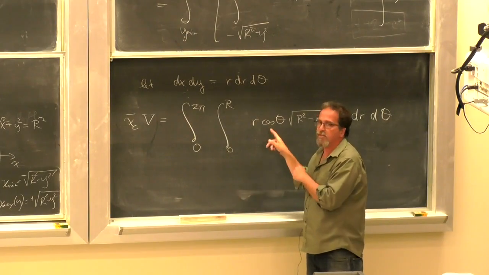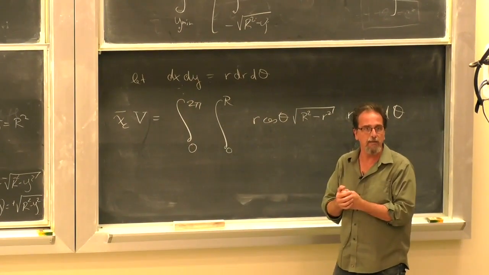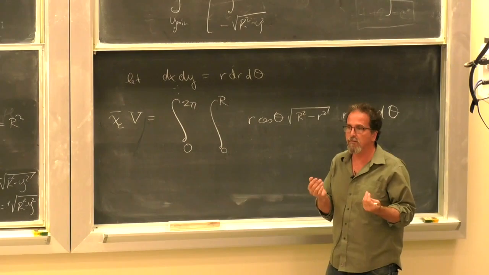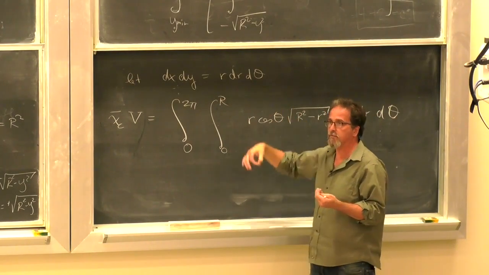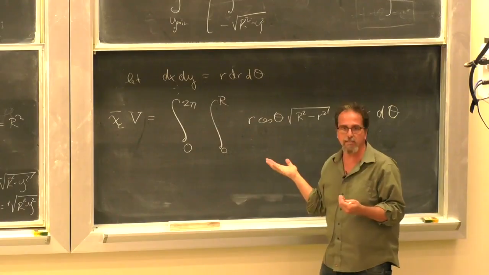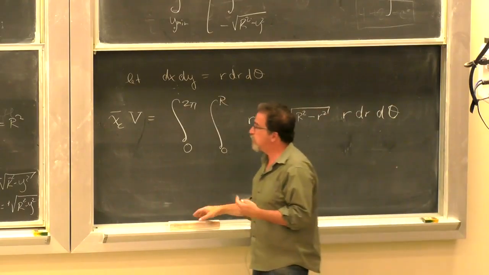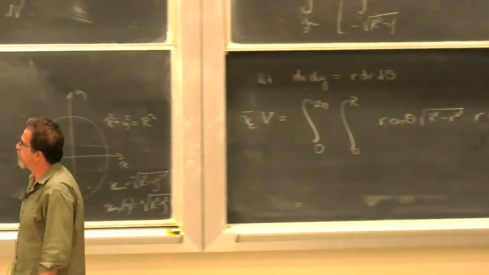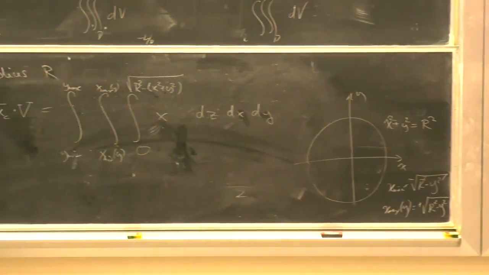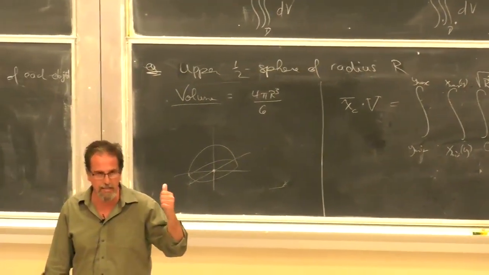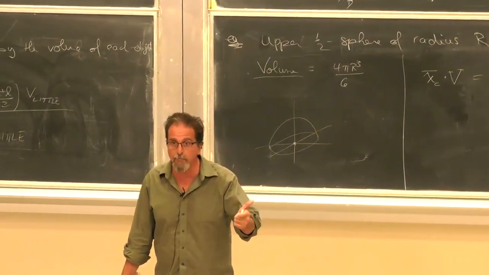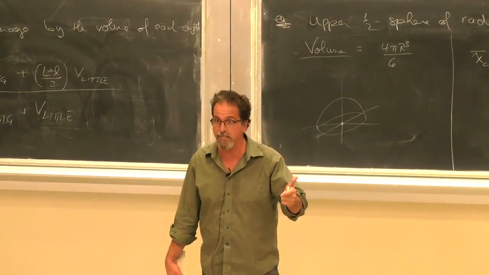Well, the θ integral is the integral of cosine θ from 0 to 2π, and that's 0, because it goes up, comes back down, and goes back up, completely symmetrically. So this is 0 any way you slice it. You don't have to do those integrals. So the x component of the center of mass is 0. So the x component of the centroid is 0. The y component of the centroid will be 0 for the same reasons.